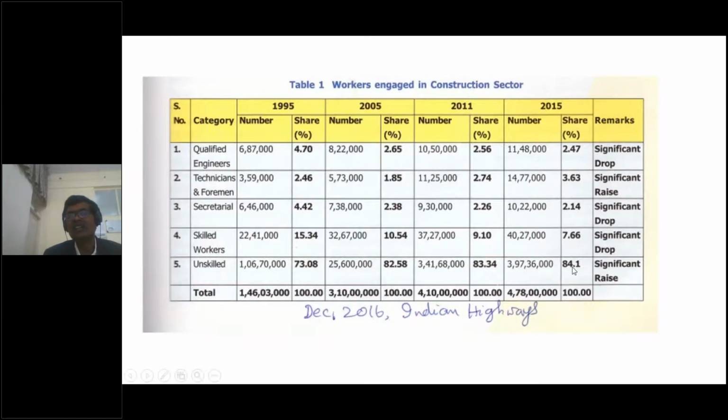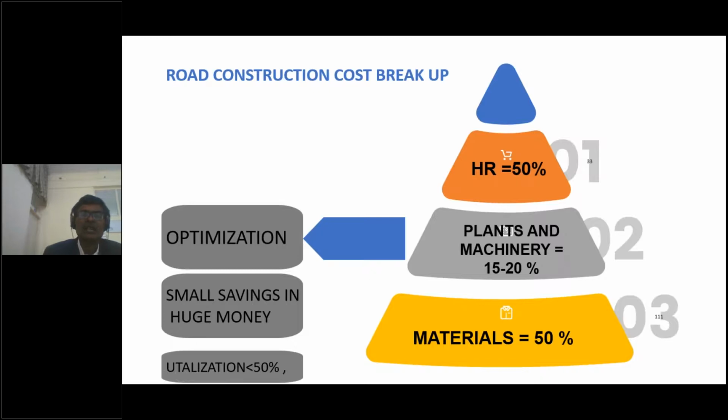And you can see the share of the skilled laborers. Of course, this is 2016 statistics. 84 to 95% is the manpower required for the road industry. So very, very important.